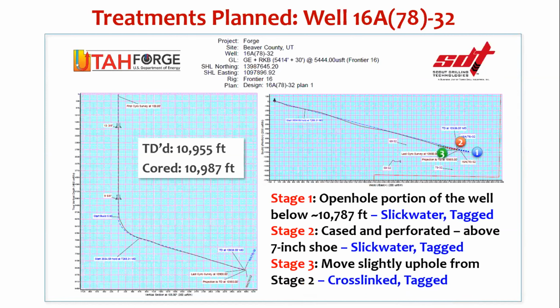The third stage moved uphole a little farther. Both of these stages were sited in areas where the geoscientists had felt that there were enough natural fractures that would facilitate breakdown and fracture growth. The difference with the third stage was that it was a cross-linked CMHPG.